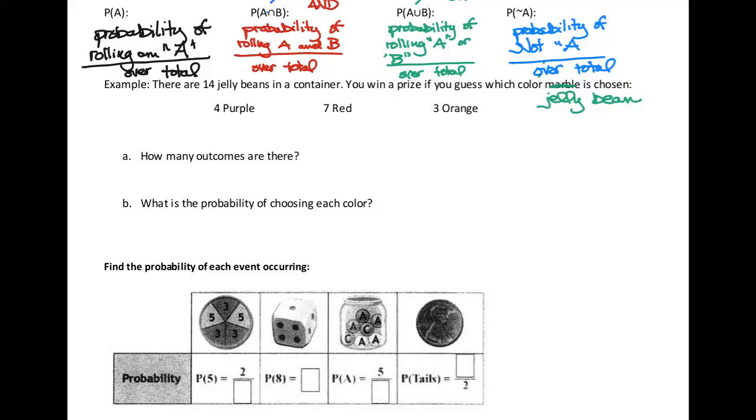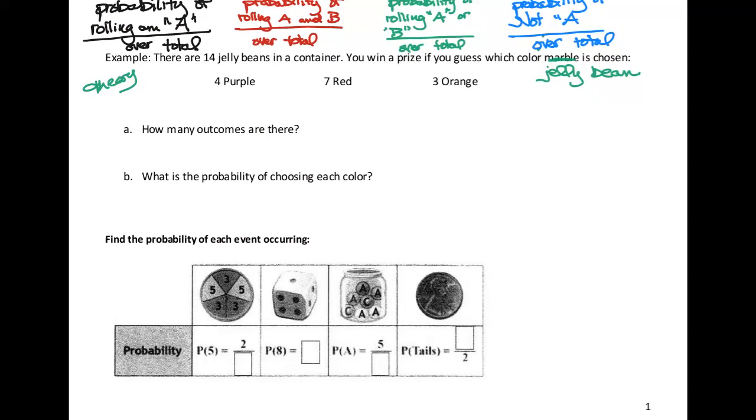Now, let me tell you that this is theory. Okay? This is theoretical probability. This is what is expected. It's not necessarily what's going to happen. So we have 4 purple jelly beans, we have 7 red, and we have 3 orange. All right? Letter A says, how many outcomes are there?